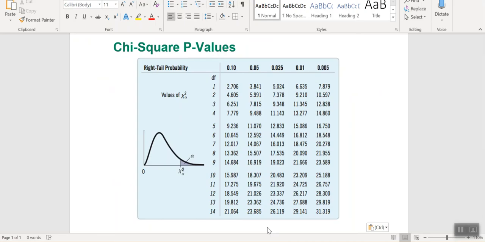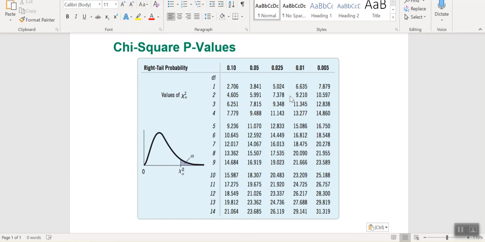You can also use a table to determine the p-value. So you'd go to the row corresponding to your degrees of freedom. For us, it's 2. And then we need to find where our chi-square value is trapped. Our chi-square value is 7.831, so that's between 7.378 and 9.210.